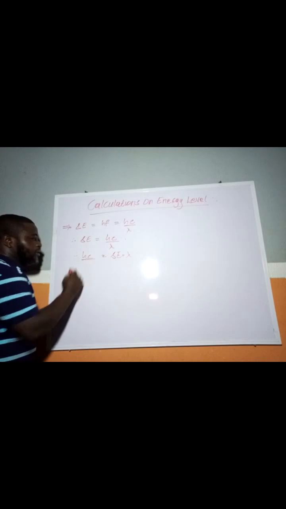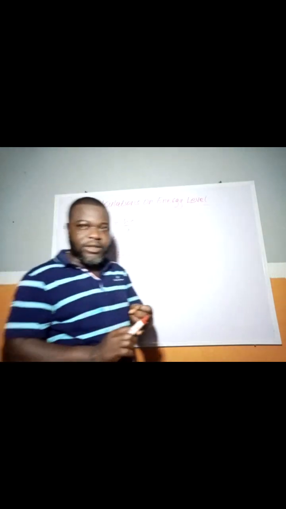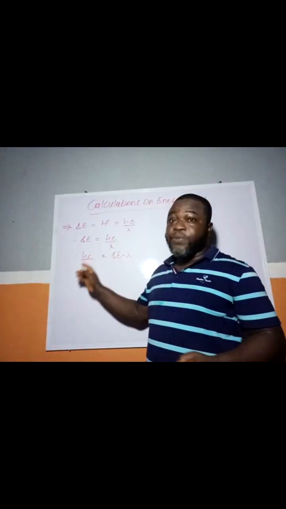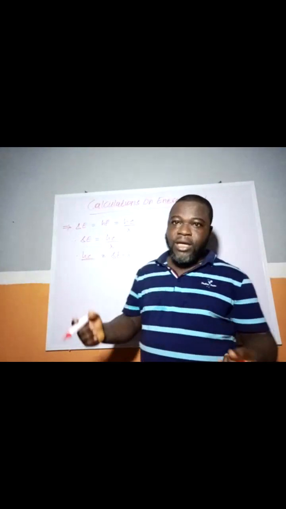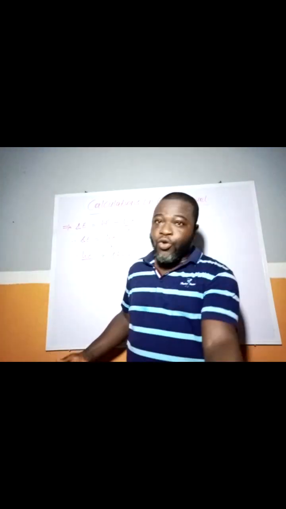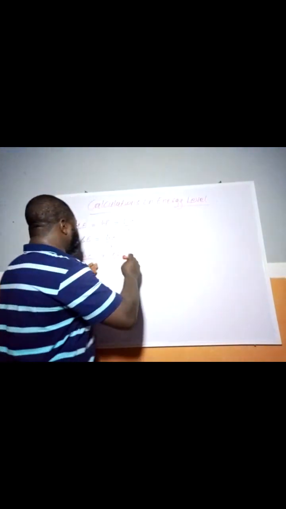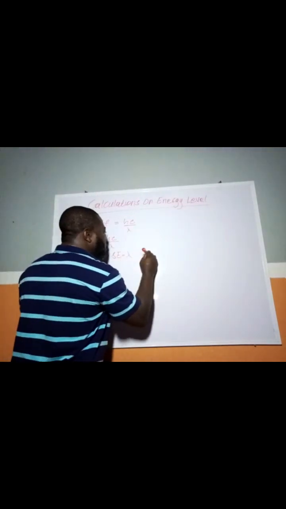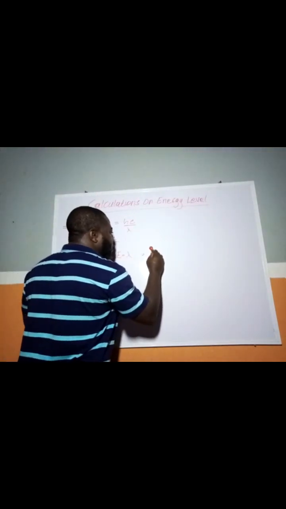Now if you look at this, H is the Planck constant and C is the speed of light. So they are all a constant of proportionality in that formula. So I will call this HC will now be equal to K.